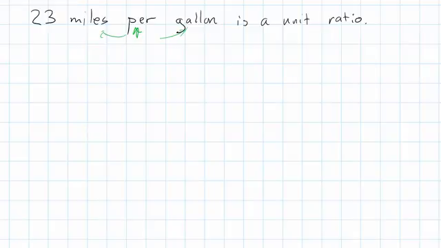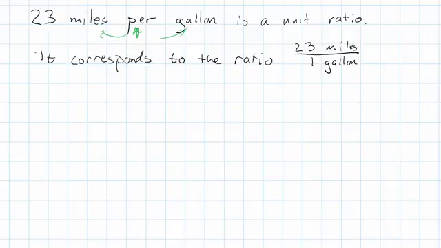It corresponds to a ratio, 23 miles over 1 gallon. When we start with a unit ratio, we can always write a ratio with the unit ratio as the number in the numerator and 1 as the number in the denominator.